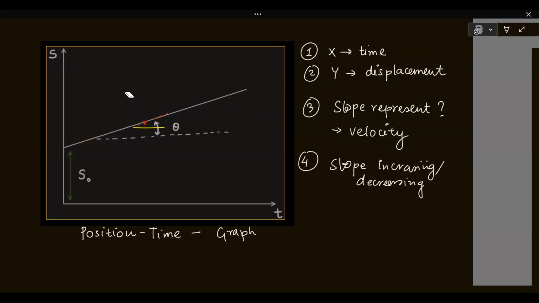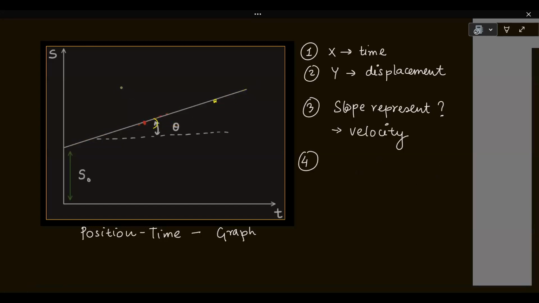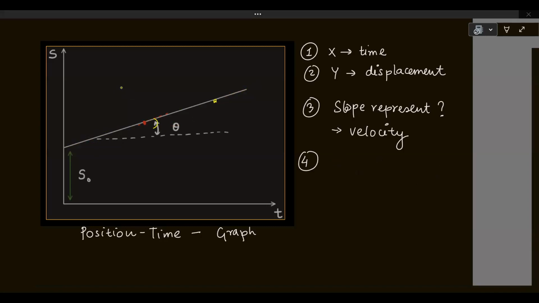It's a straight line, so it will have some angle, but that angle is constant. So I'm going to write: slope, should not be using yellow.